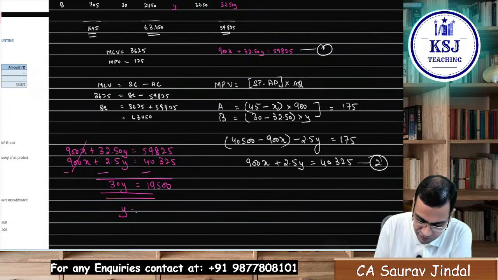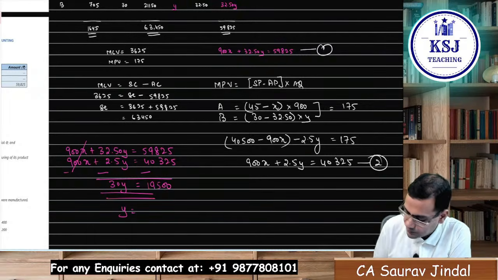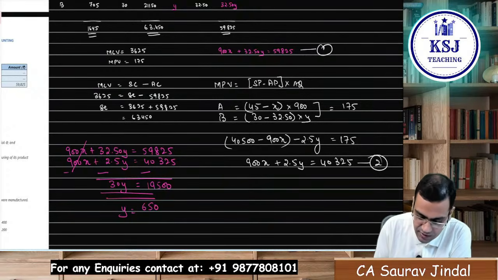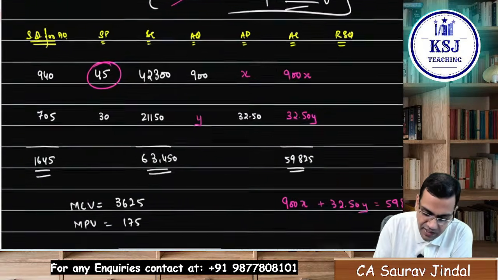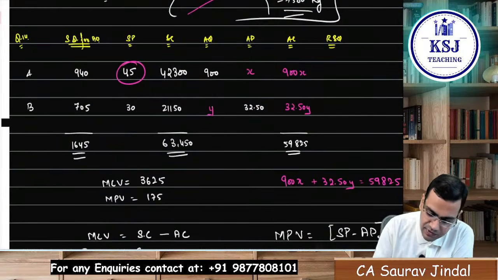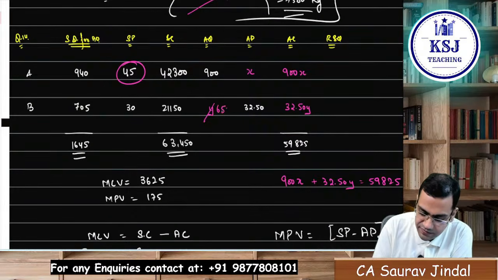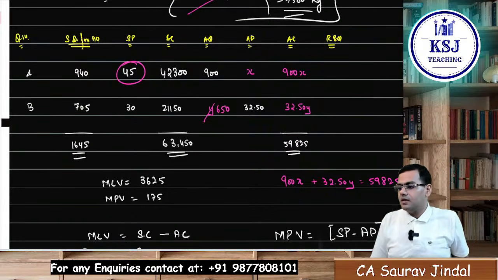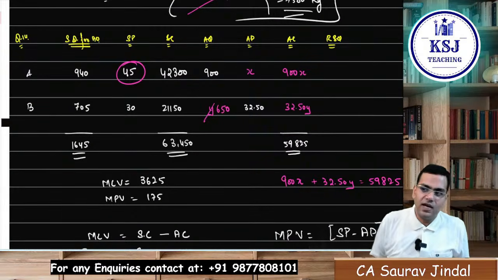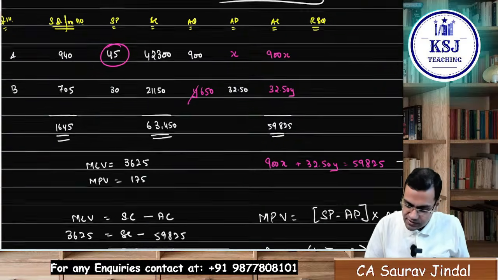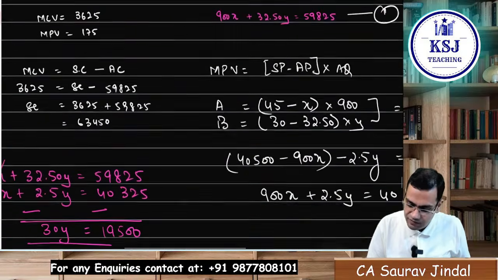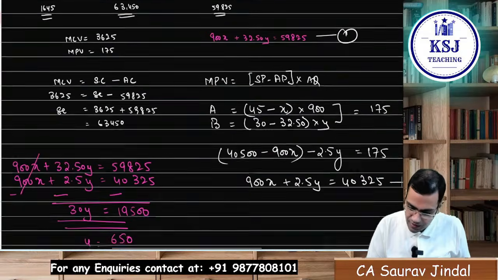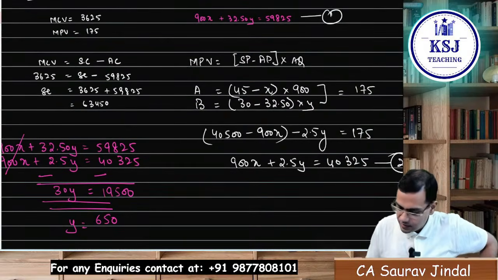So the value of Y will be 650. Now you can calculate the value of X. What will be the value of X, sir? Please tell me.